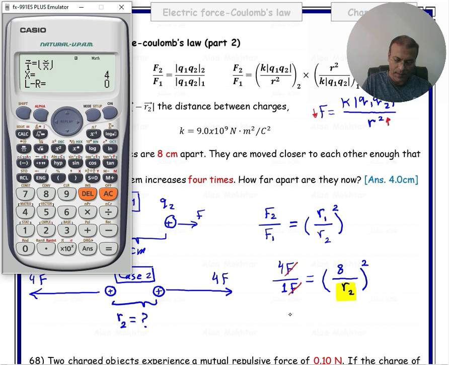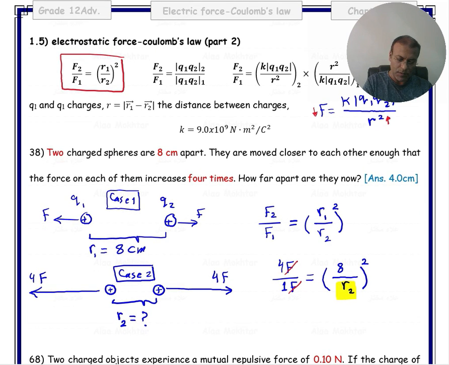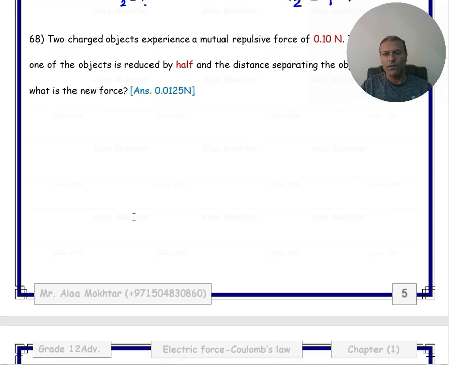So the distance number 2 equals 4 centimeters. Why centimeters? Because the distance was given in centimeters, the answer will be in centimeters also. Or you can take the square root, it will be 2 equals 8 over R2, and substituting, R2 will be 4 centimeters.